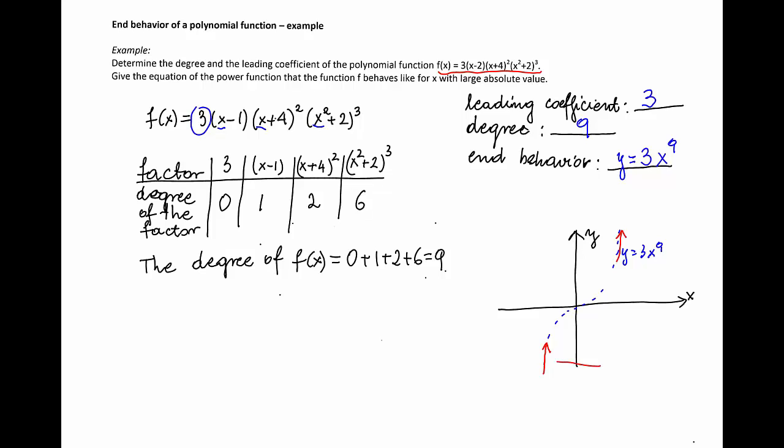So these are the parts of the behavior of the graph of function f of x when x has large absolute value. So this is the end behavior of the function f of x.